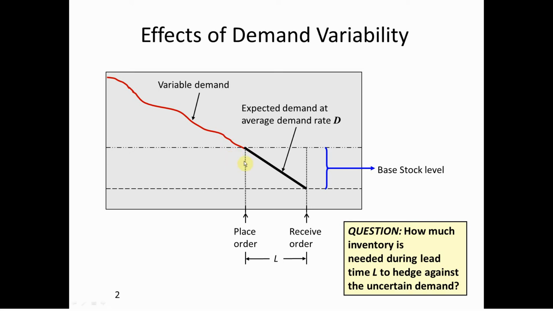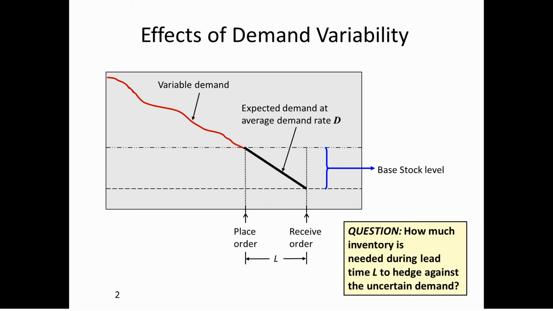Well, the effect is that we cannot predict exactly when we're going to run out. If this line here represents zero inventory, variable demand means that we won't know exactly how long it'll take, along this axis, for us to reach this point. We'll certainly know on average how long it takes, but we won't know exactly.